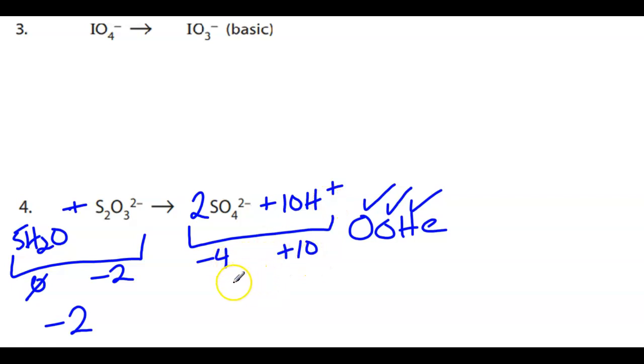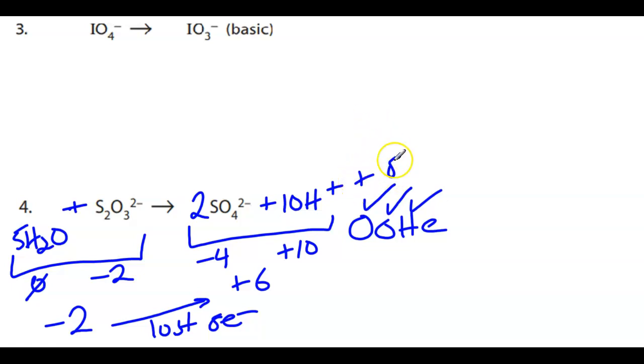So in total here, we have +6. So in order to go from -2 to +6, that means that we'll have to have lost 8 electrons, right? So hopefully that makes sense. So on the product side, we're going to have 8 electrons.